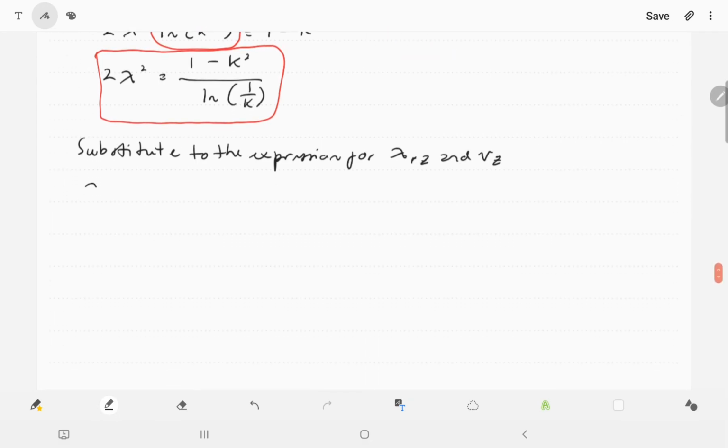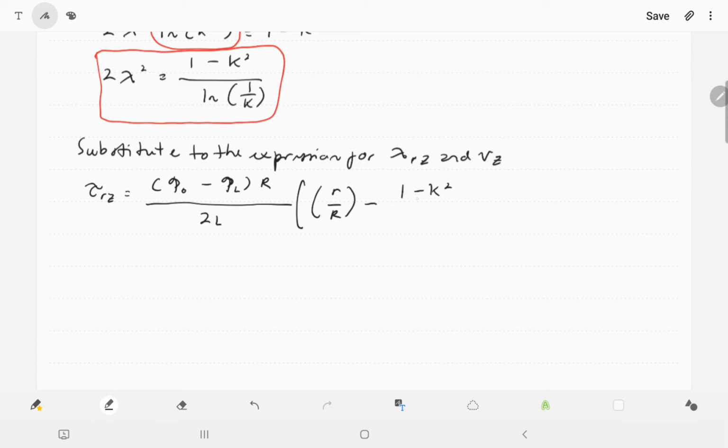So basically your tau rz will be (p naught minus pL) R divided by 2L, times r per R minus (1 minus k square) over 2 ln 1 over k, times R per r.